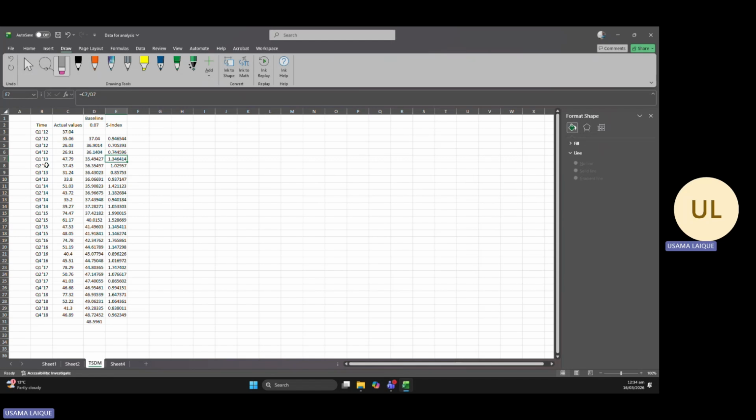Q1 in that particular regard is above, in the positive part of the seasonality, about 34% above the baseline, which is this value right here. You can notice all these values: some are above, some are below, some above, and some below 1. Any value that is less than 1 represents a negative seasonality, and any value above 1 is a positive seasonality.